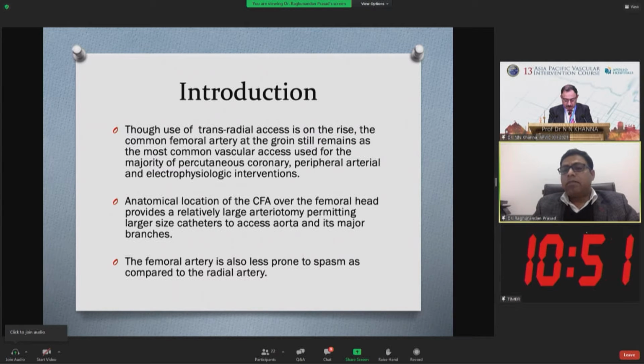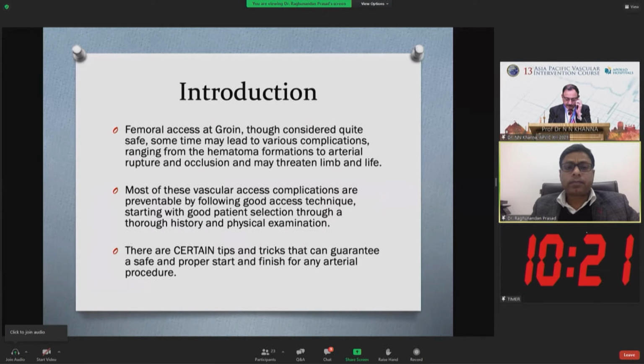The specific advantage which the common femoral artery offers is the large arteriotomy, which permits us to accommodate larger size catheters so that we can access the aorta and its major branches very easily. Also, in comparison to the radial artery, the femoral artery is less prone to spasm, which offers another added advantage.